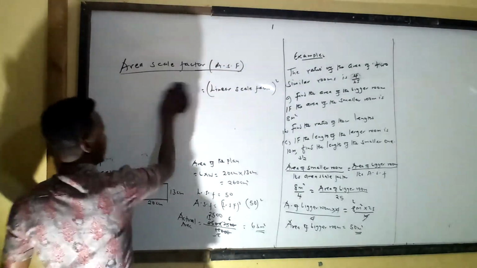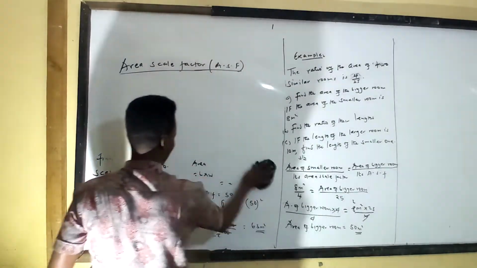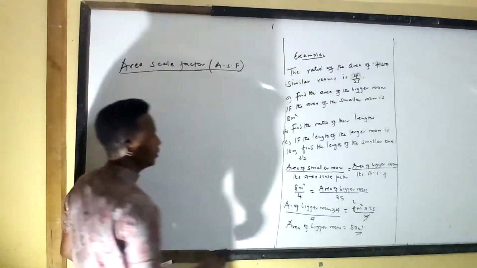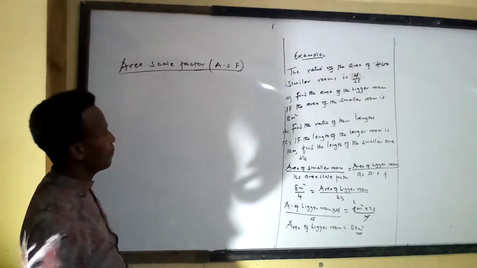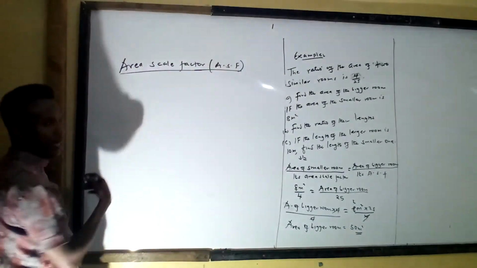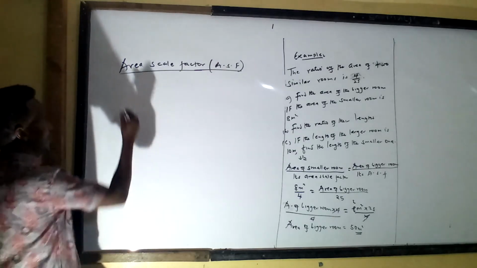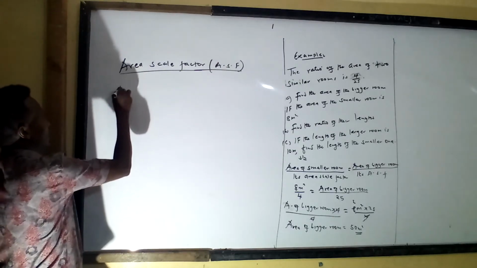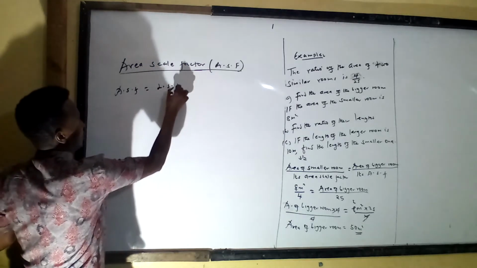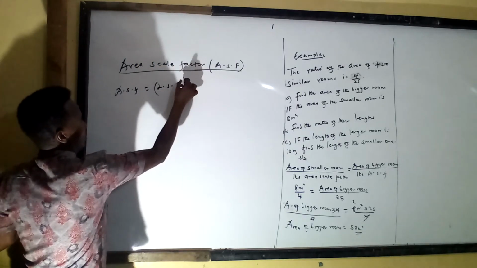Then let's come here and go ahead with the questions. Question B, we are told to find the ratio of the length. Length means what? Linear scale factor. I know that area scale factor is equal to linear scale factor squared.